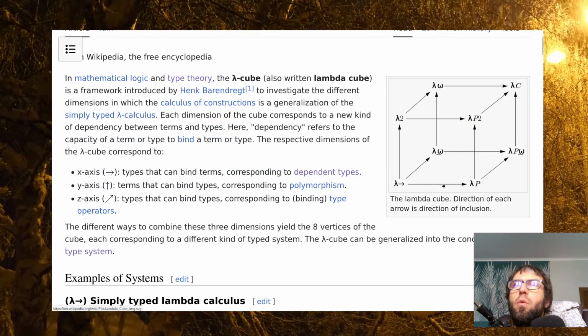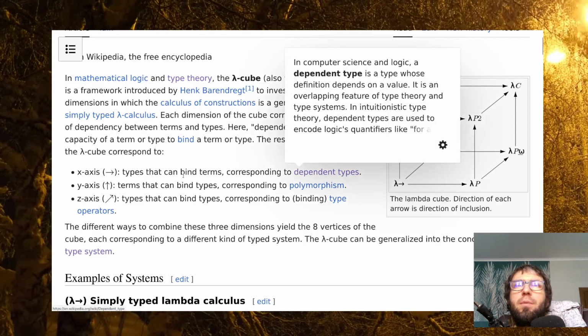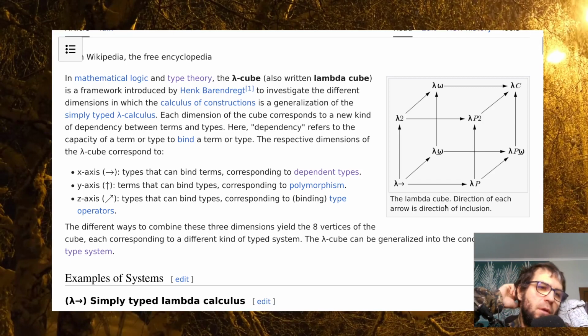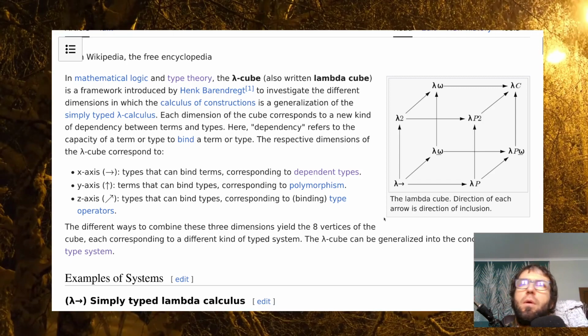So how do we construct it? We take the simplest lambda calculus and add to it the horizontal arrow, the ability to have dependent types. So these are types which depend on some terms, and this corresponds to predicate logic.